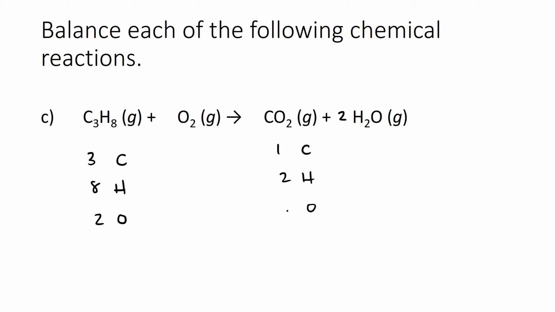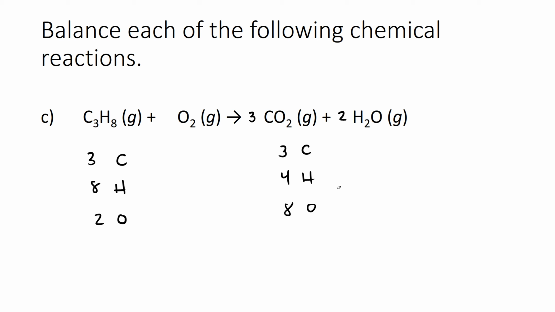So now we have 2, 3, 4 oxygens and 4 hydrogens. To balance the carbons out, I'm going to put a 3 in front of this. Now we have 3 carbons. The number of oxygens has changed, but that's okay because it's still an even number. Now we have 6 plus 2, which is 8.